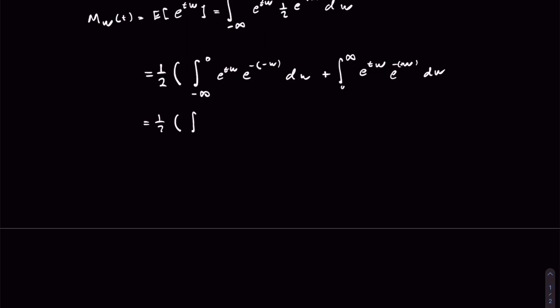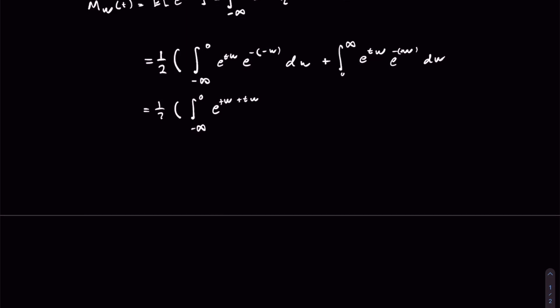So this is e to the plus w now, and there's a plus tw, and that goes from minus infinity to 0, and this thing here is just w and 1 plus t.